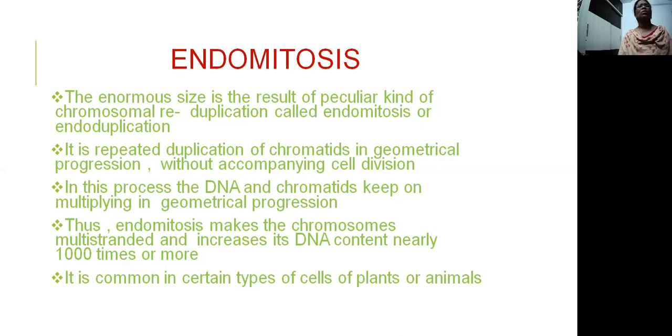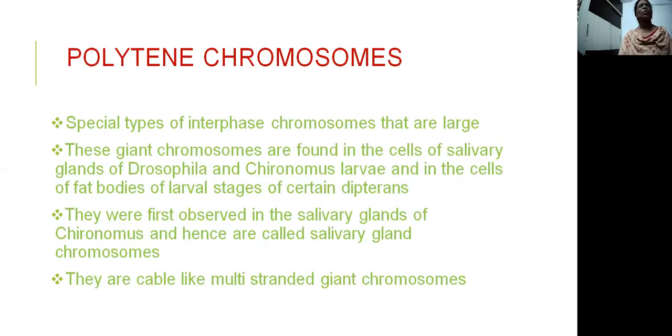In this process, the DNA and chromatids keep on multiplying in geometrical progression. Thus, endomitosis makes the chromosomes multi-stranded and increases their DNA content nearly 1,000 times or more. It is common in certain types of cells of plants and animals.